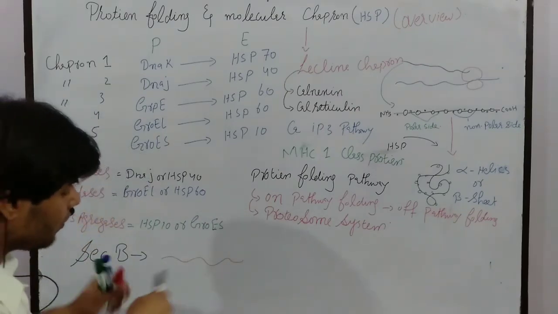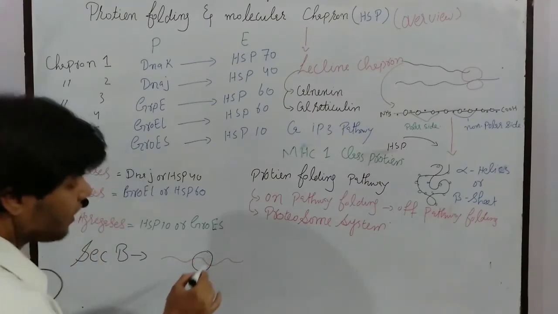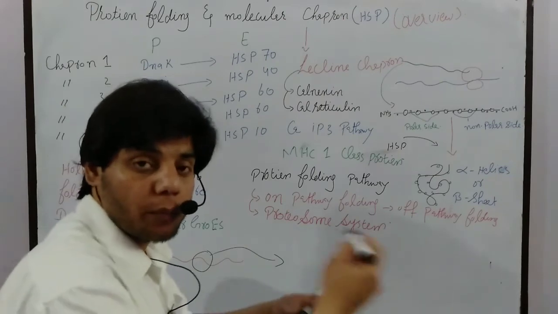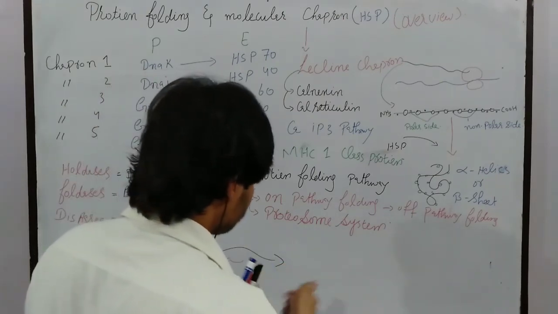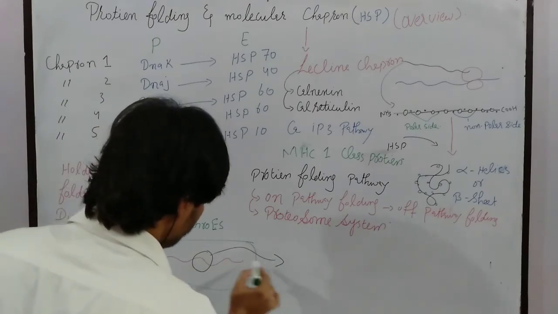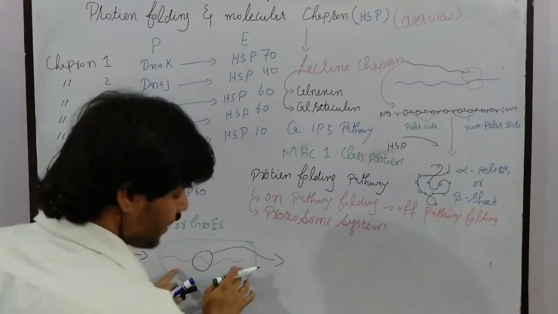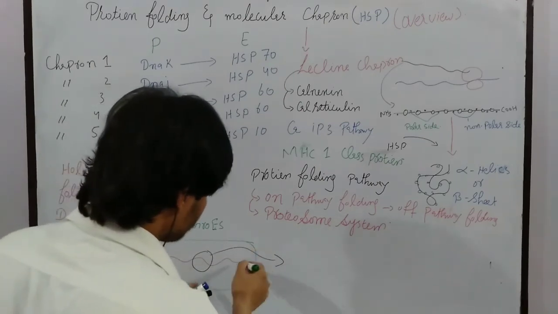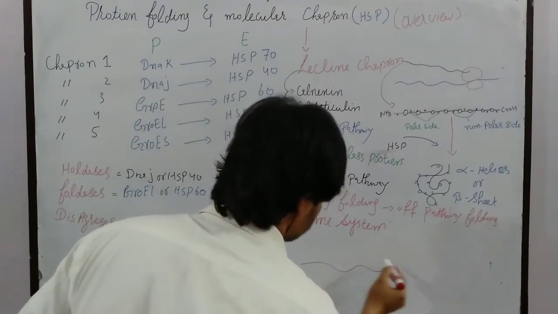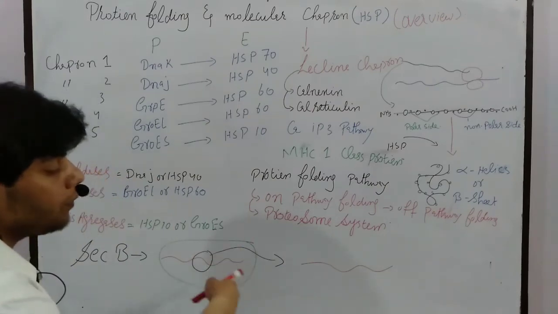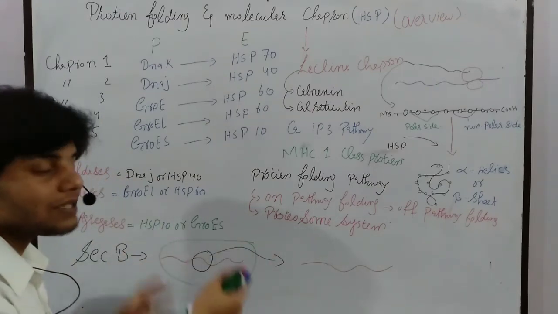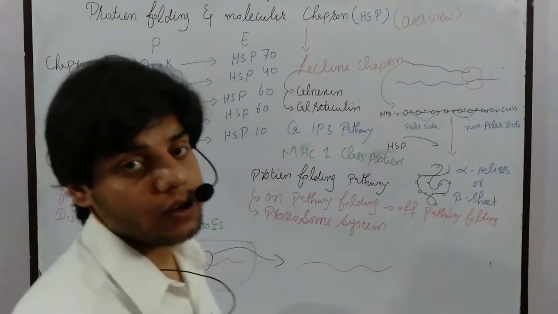The Sec protein will bind here and it will export this protein across the membrane. If this is the cell membrane, this is the protein which is formed inside the cell, and it will be exported outside the cell membrane through SecB. This system is called the Sec-dependent system.